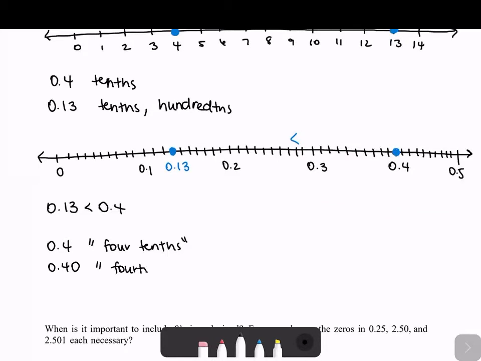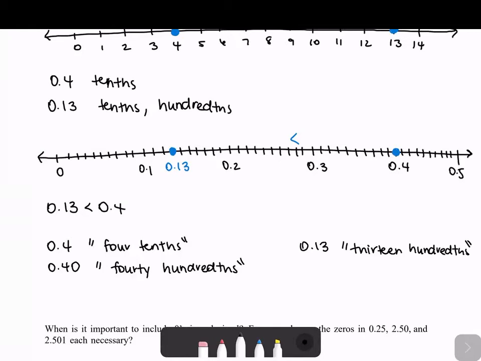And this is now 40 hundredths. I always forget the D there, so this is hundredths. Whereas 0.13 represents 13 hundredths.